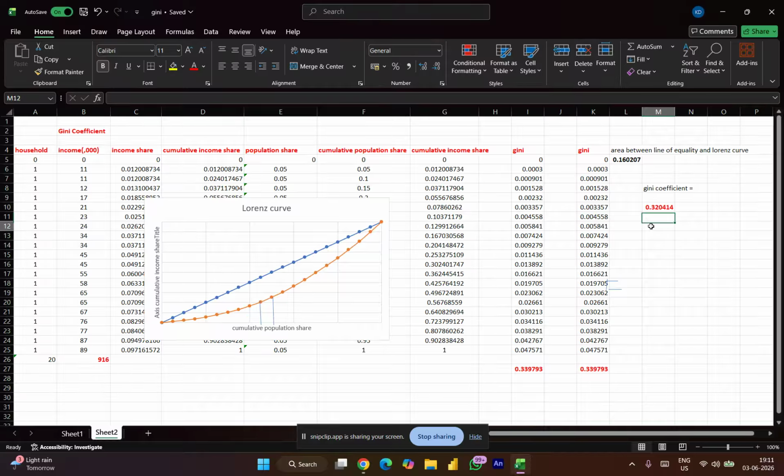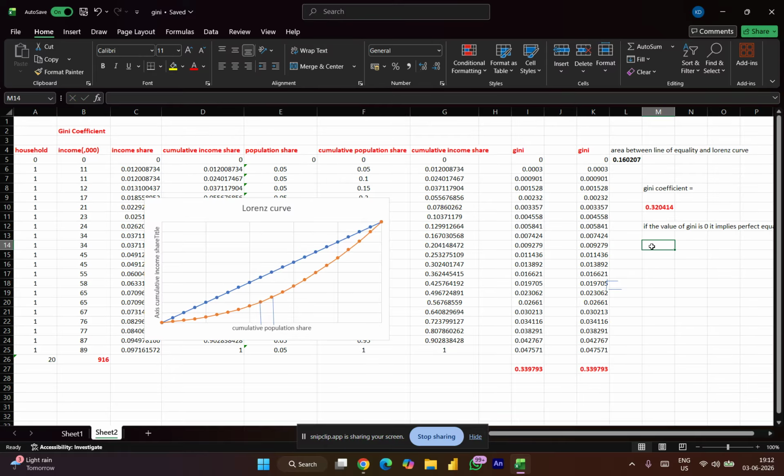If the value of Gini is 0, it means perfect equality.